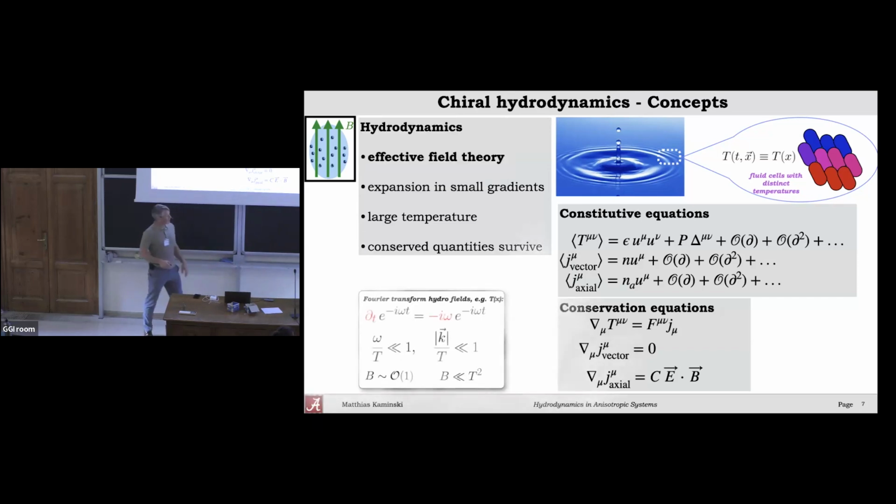So then the idea is, what kind of limits are we looking at? I mentioned a large temperature compared to the excitations, frequency and momenta. But then we want magnetic fields which are not suppressed in the derivative expansion. So I call them order 1 in the derivative. And then B is much smaller than temperature squared.